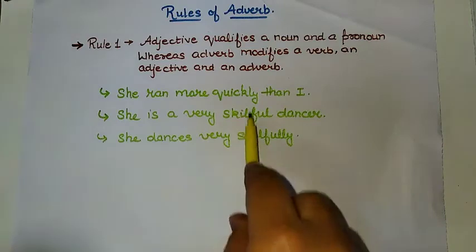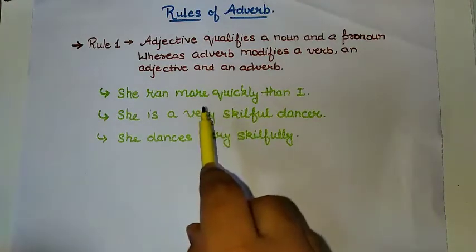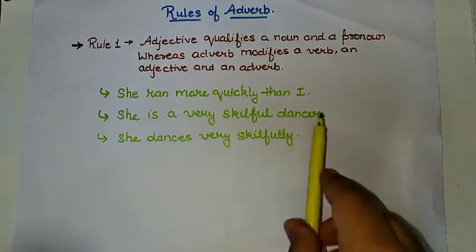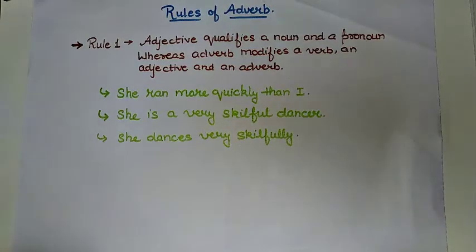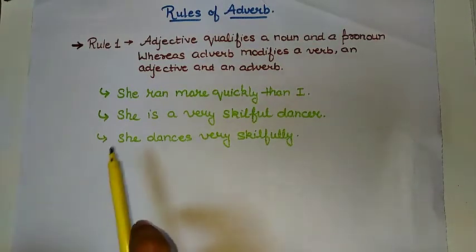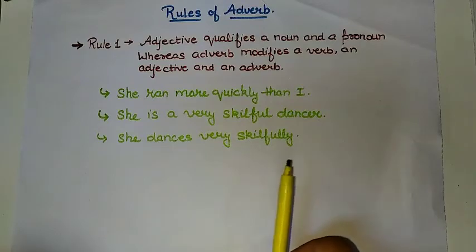Here very skillful is actually an adverb and it is modifying dancer. If I say she is a skillful dancer or she is a very skillful dancer, what I mean is that she is a good dancer. Or we can say the same sentence like she dances very skillfully.